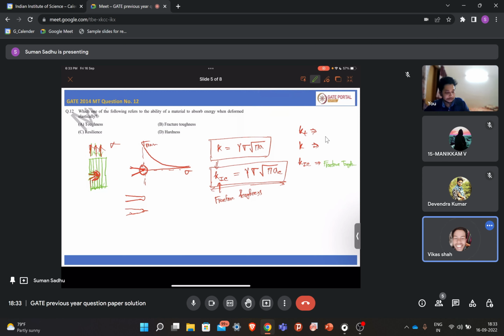And what is K? Stress intensity factor. And what is KT? KT is when your stress is getting concentrated here.